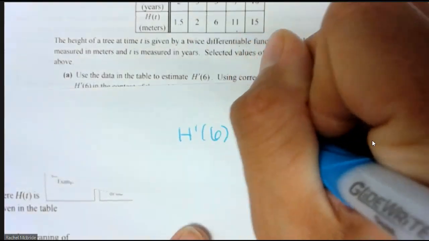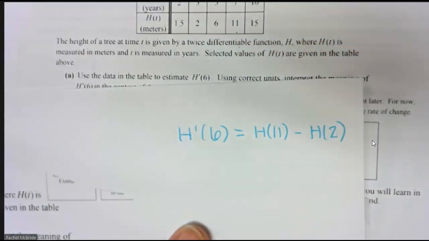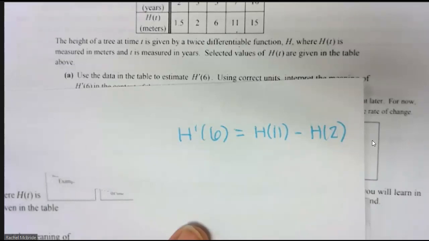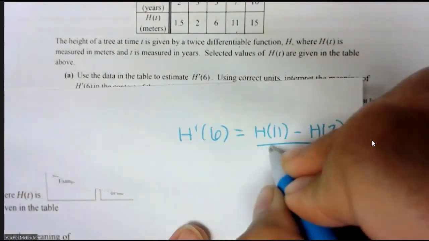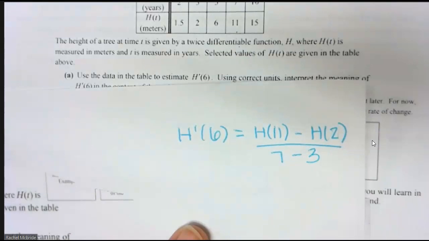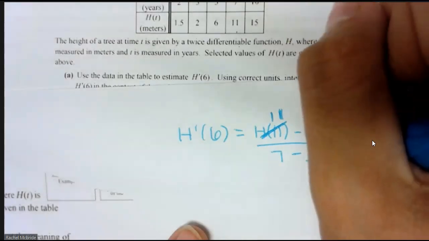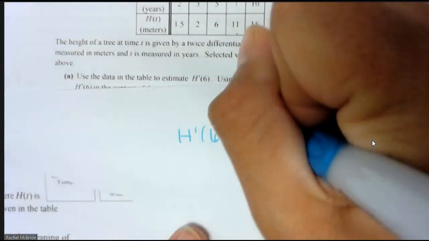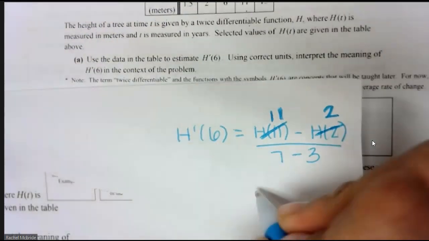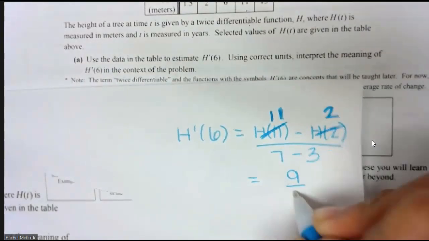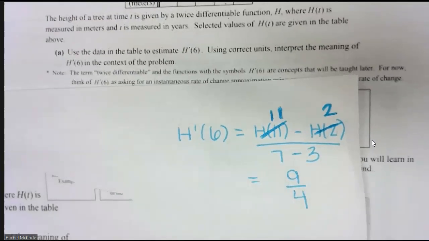So we're going to do h of 11 minus h of 2 all over 7 minus 3. Sorry, not h of 11, h of 7 and h of 3, which are 11 and 2. So 11 minus 2 is 9. 7 minus 3 is 4.